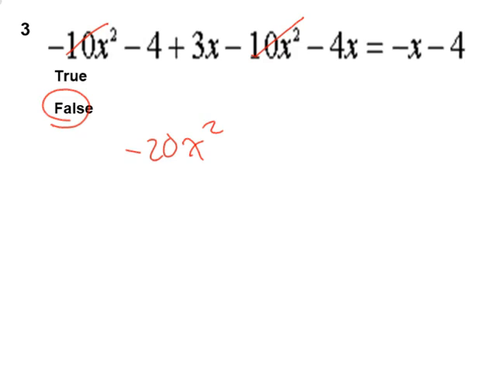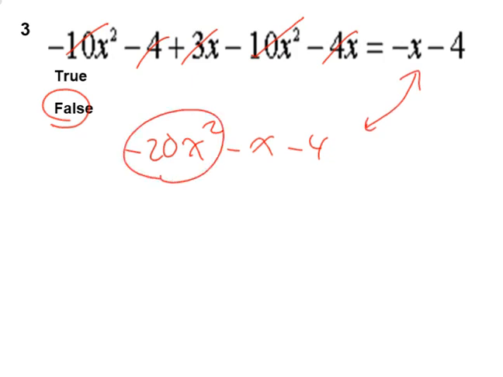That's false. Because if I gather the rest here, these expressions are not equal because I got this big old -20x squared. Some people might have assumed that that was making a zero pair, but because it's a negative, it actually made it -20x squared, so your answer is false.